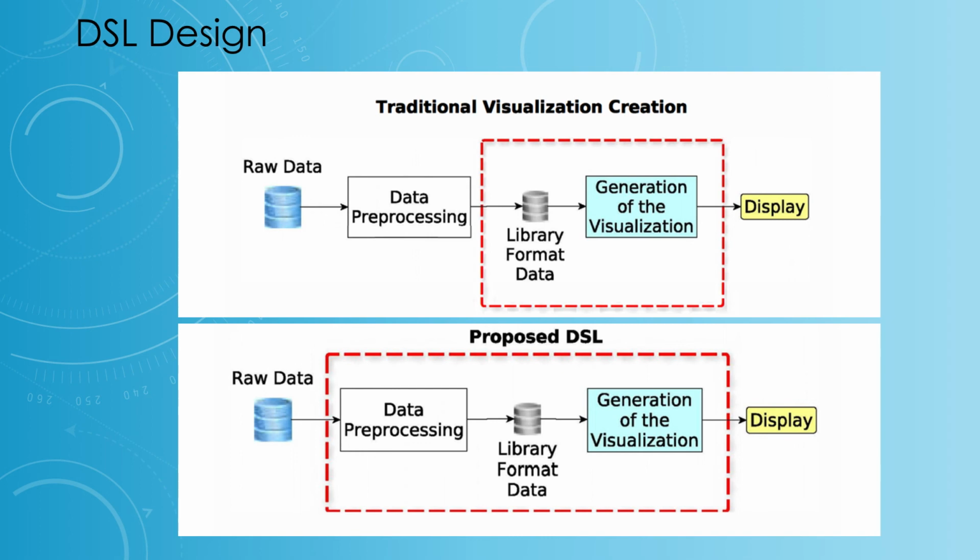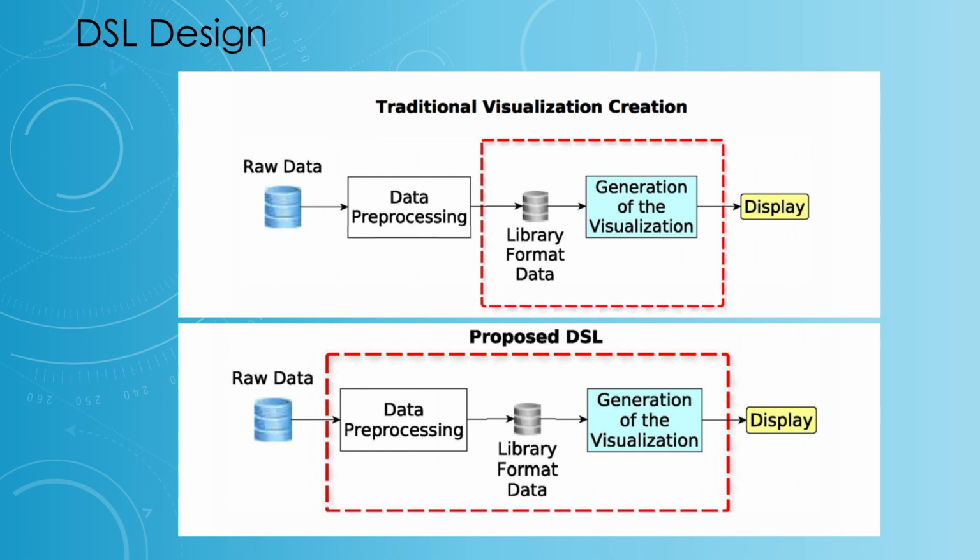Let's look at the traditional way. In the traditional way, you have raw data and you need to write thousands of lines of code to do the data pre-processing, including all the mathematical equations. Based on that, you get output, and for that output you use different libraries to visualize it.